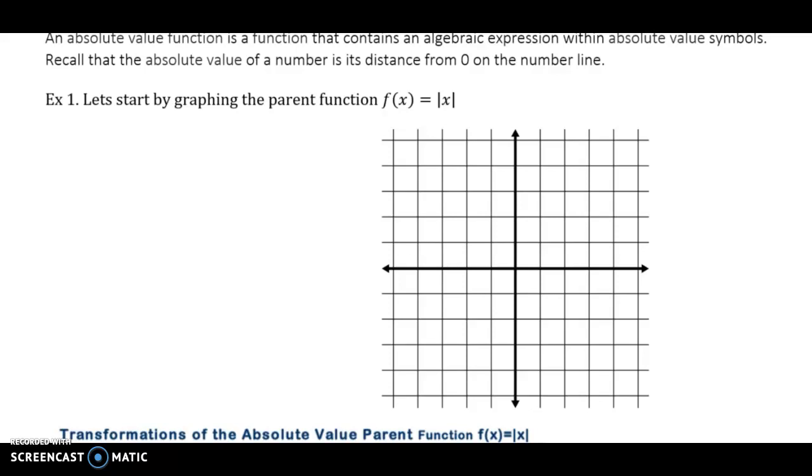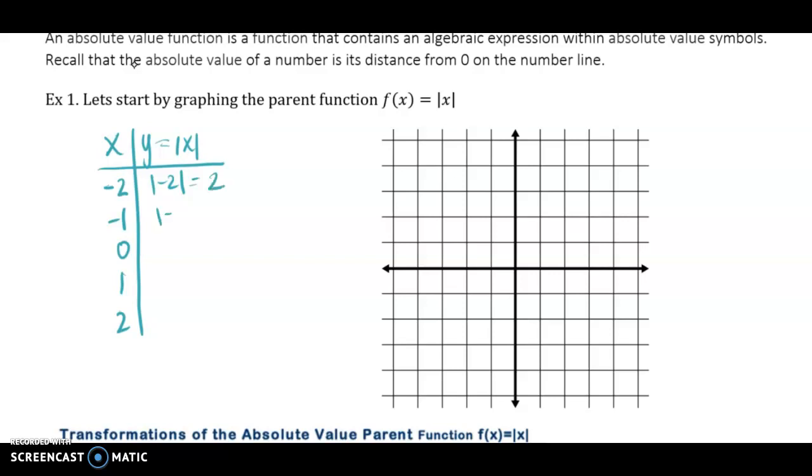And we're going to go ahead and use an xy table. And we'll go ahead and use the values -2, -1, 0, 1, and 2. So the absolute value of -2 is going to be 2. Absolute value of -1 is going to be 1.